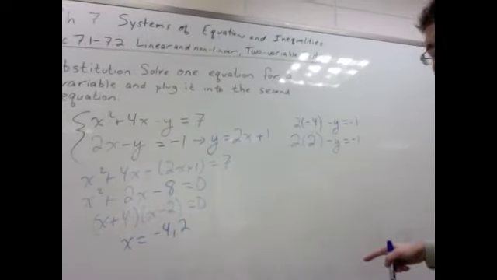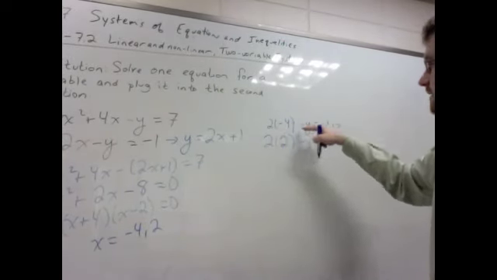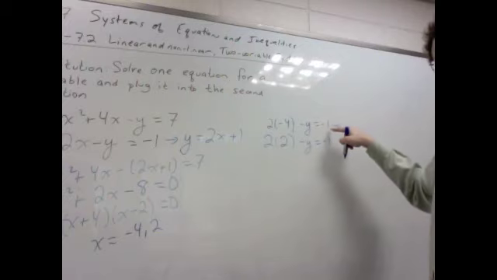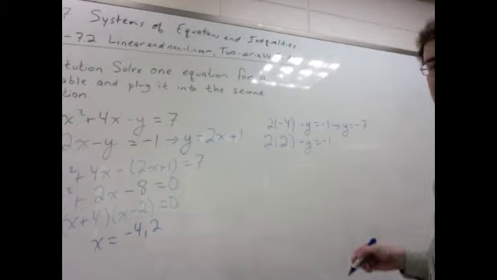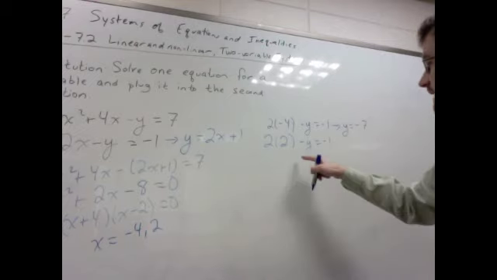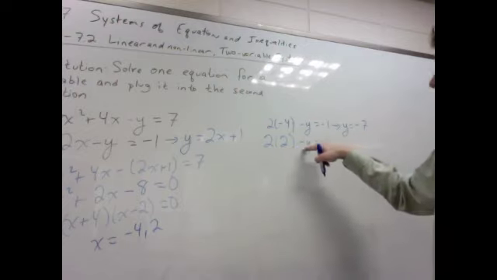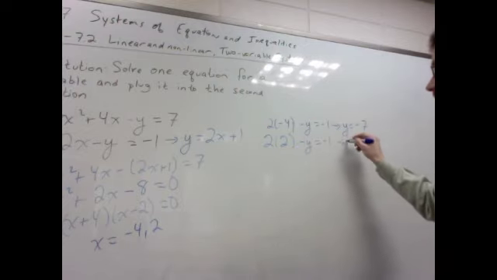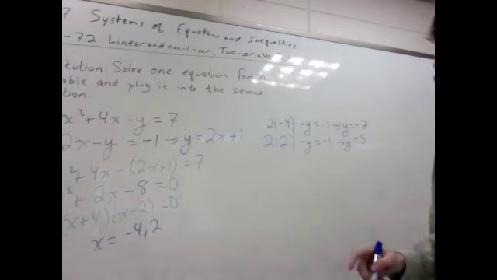This first equation, this is negative 8. Add to the other side gets us 7, divided by negative 1 gets us y equals negative 7. Second equation, subtract this 4 to the other side, we have negative y equals negative 5, so we get y equals 5.